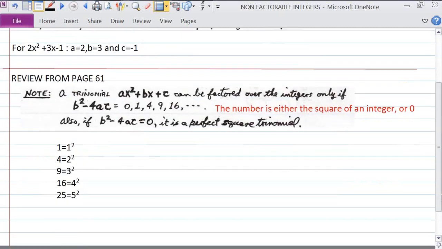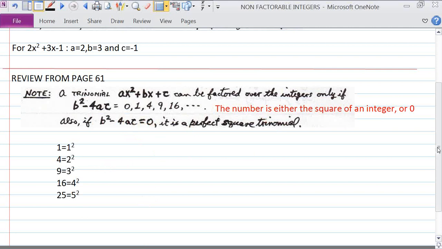Now, I'll just go back to page 61 and review for you what the theory was here. ax squared plus bx plus c can be factored over integers, which means that you can only have integer solutions, if b squared minus 4ac equals 0, 1, 4, 9, 16. Now, 1 is 1 squared, 4 is 2 squared, 9 is 3 squared, 16 is 4 squared, 25 is 5 squared. And also if b squared minus 4ac equals 0, it's a perfect square trinomial.